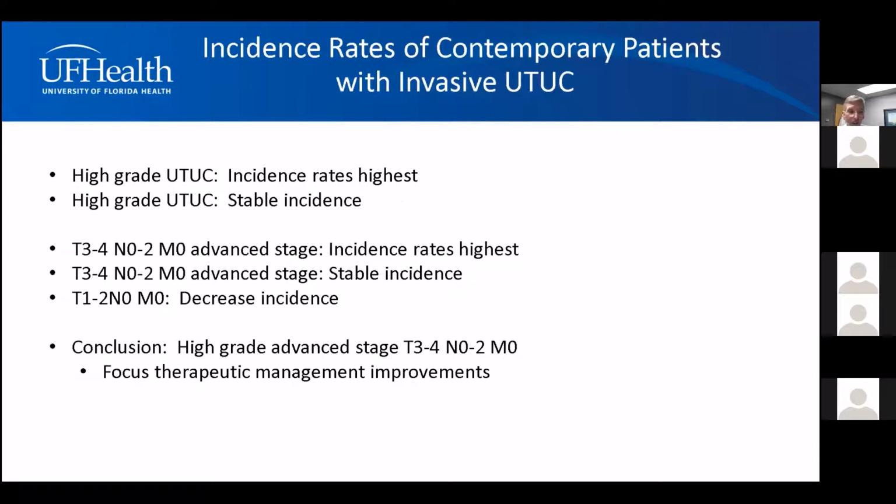So in conclusion, high grade UTC has the highest incidence rates. The high grade has a stable incidence, but the T3, T4 have the highest rates. T3, 4, as we pointed out, has stable incidence. So conclusion, for high grade advanced stage T3, 4, we need to focus our therapeutic management on these improvements. And as we just stated, it's because of the ability to have metastatic disease.